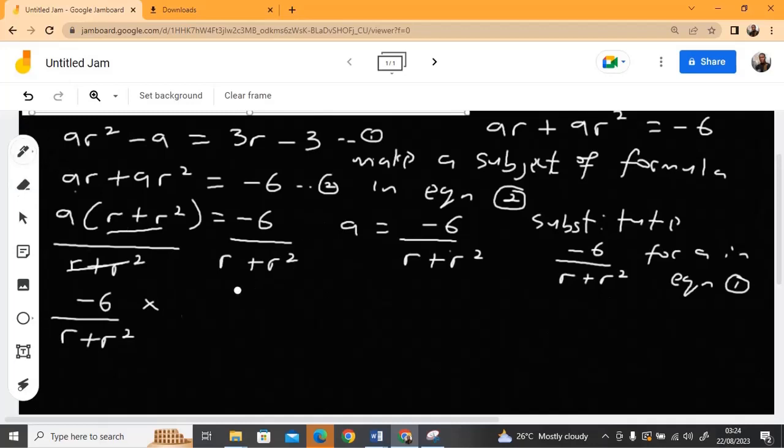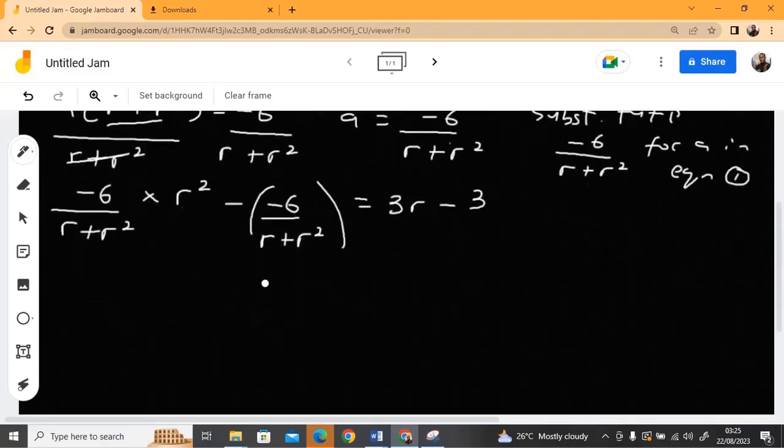So we have R squared minus, it's still the same thing. You have minus 6 over R plus R squared, but because this one has minus there, the best way to do this is minus 6 over R plus R squared equals 3R minus 3.